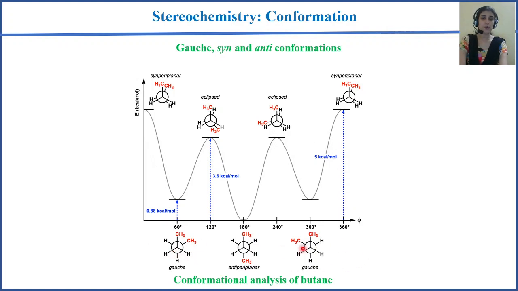These two conformers are of the same energy. Two CH3 groups are at a 60-degree dihedral angle separation over here, and two CH3 groups are at a 60-degree dihedral angle separation over here.